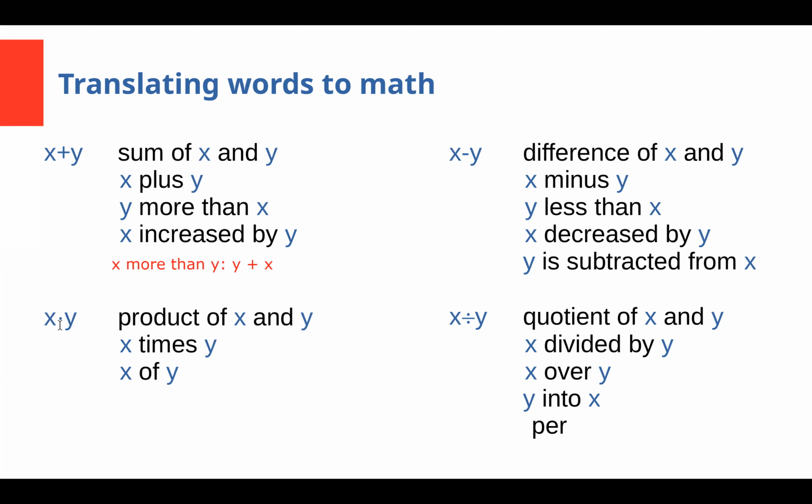Now, with the product, everything is pretty simple. We have the product of x and y, x times y. And another thing that you could probably see, I think we'll see it later on, maybe with the percentages: we can say something like 30% of 70.